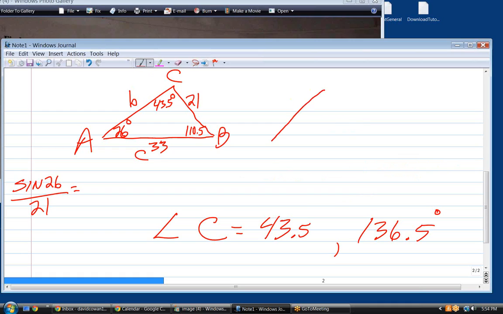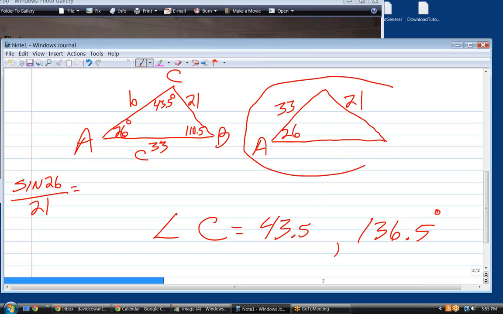In other words, the original triangle, this was A, well, and this was 21, and this was 26, and they gave me 33 as the other side, but you notice that if I make that the other side 33, it's no different than if I make this 33. This is still angle, side, side. So I'm going to choose to work with this as my model, only because I'm not confused by it.